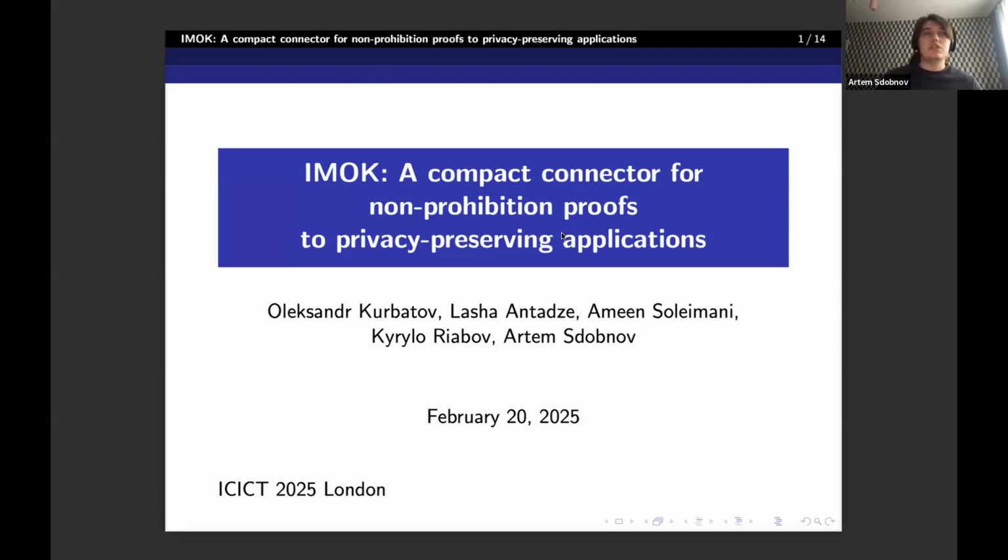Our paper is about this: for example, if we have some list of prohibited people, and we have some privacy-preserving D-app, our paper describes how we can forbid people from participating in our D-app and how this could be done.